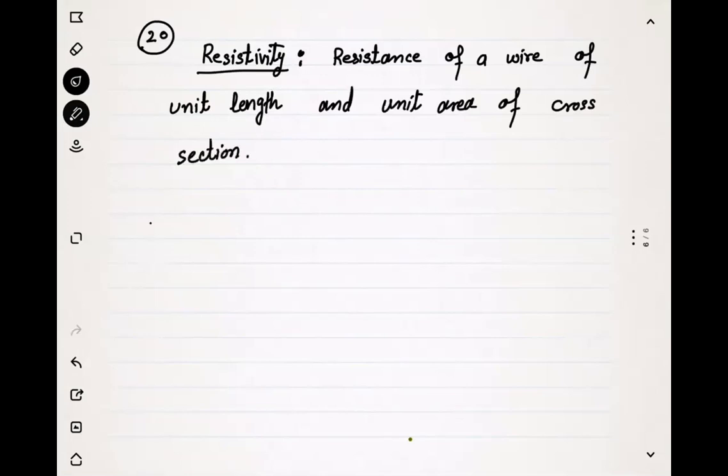So resistivity is a resistance provided that the wire has a unit length and unit area of cross section.